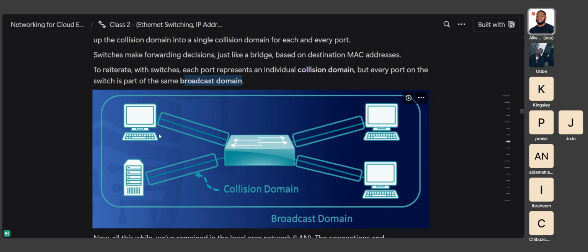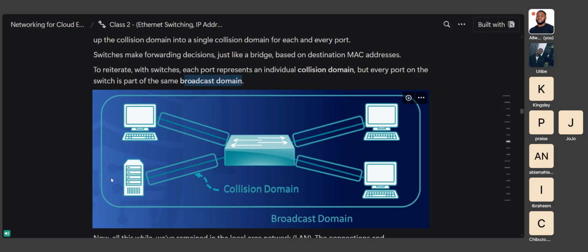It means the chances of a collision are really low because, let's take this collision domain for example, the only device here that's going to send data through its network segment is only this server. There is no other computer or device or service connected to this same collision domain. So because it's only the server, the chances of a network collision are very, very low. And that is the problem that a switch solves, right?